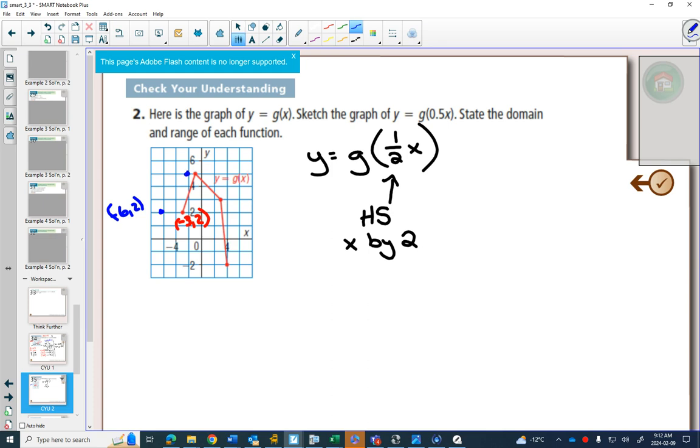If I multiply it by 2, I'd get -2. 3 multiplied by 2, I would get 6. And here I have 4 multiplied by 2, I would get 8. And we connect the dots.